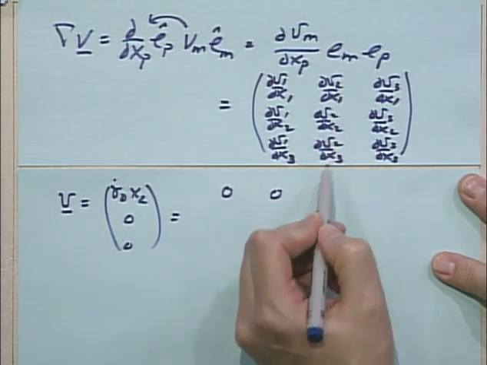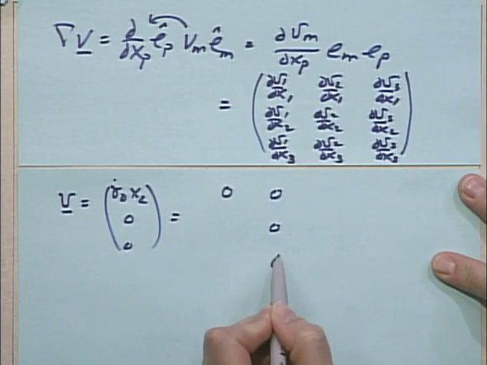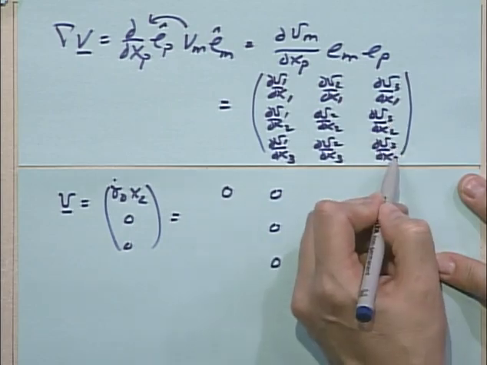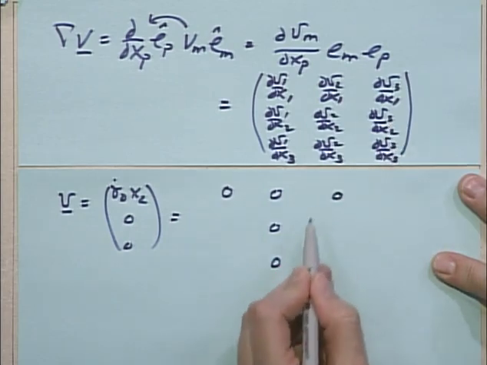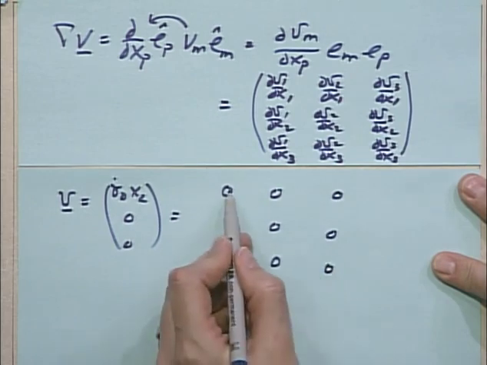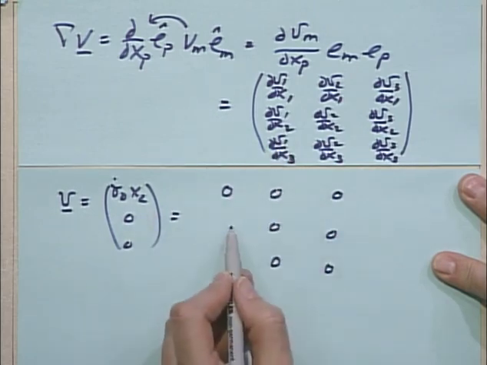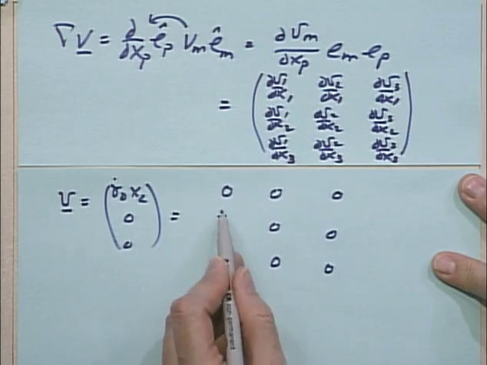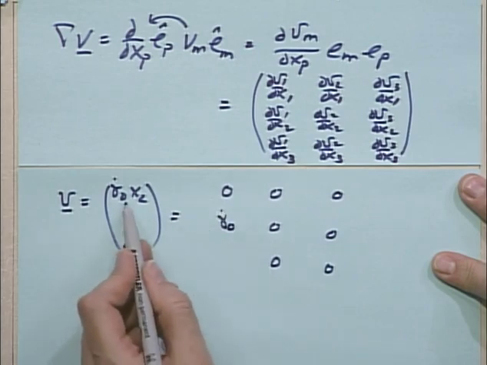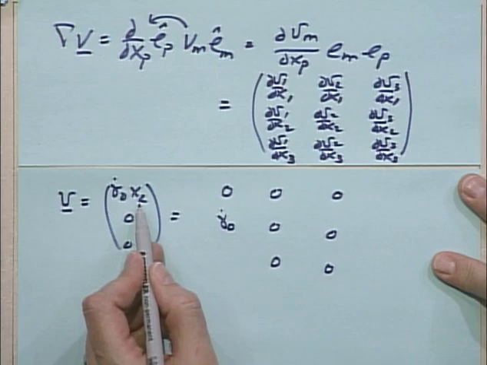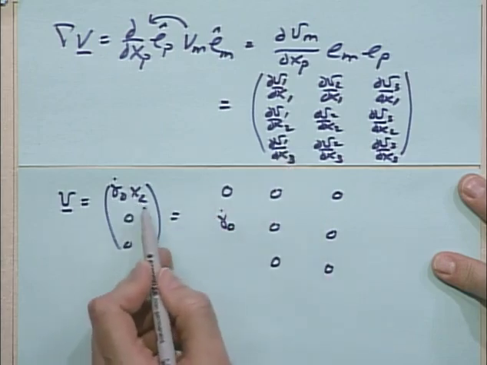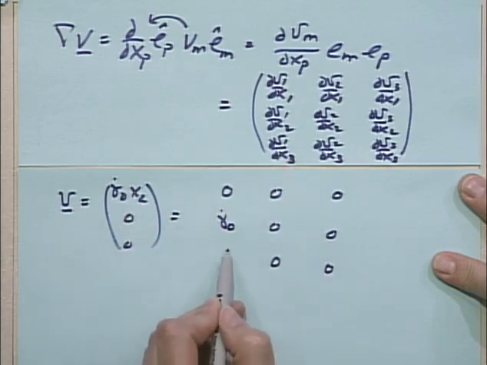So V2, V2, V2, these are all 0. V3, V3, V3, these are all 0. dV1 dx1 is 0. dV1 dx2 is gamma dot naught. That's a constant. This is still our variable x2. dV1 dx3, there are no x3s there, 0.